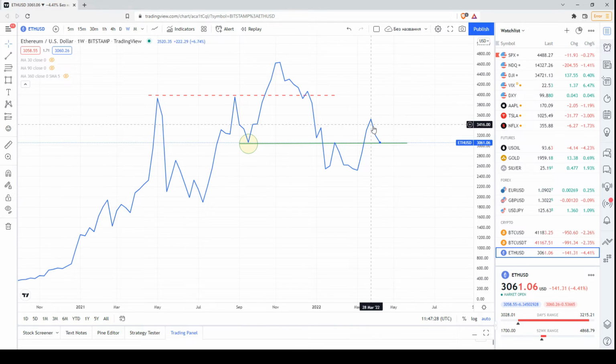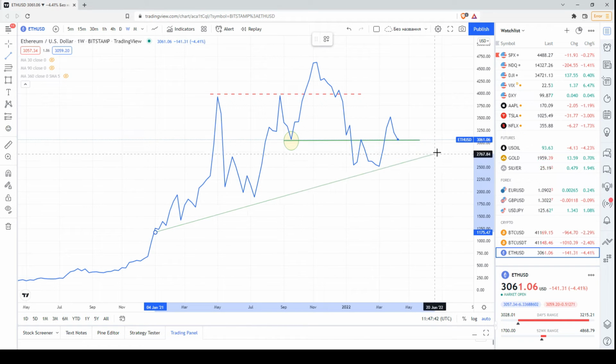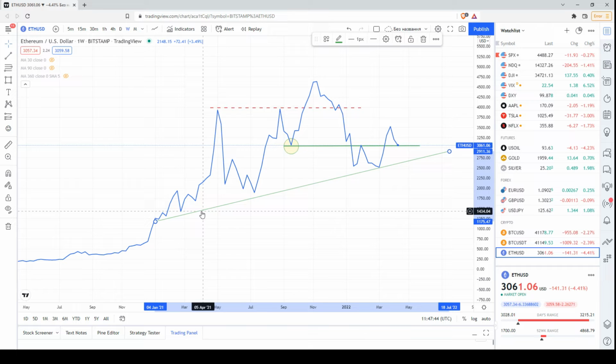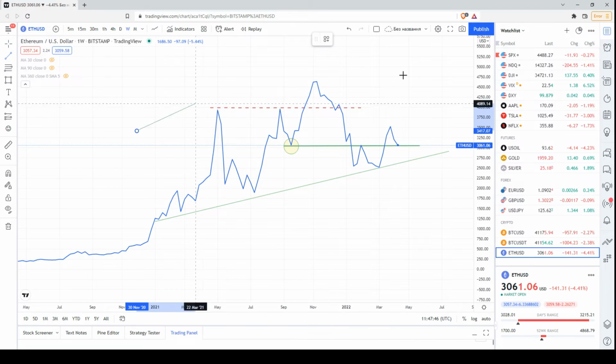What I want to say is this is a very important moment in the short term for the price of Ethereum, because once again, if we see a local low above this one and a subsequent rebound, then it may validate this scenario where we have a sequence of ascending local lows and ascending local highs.